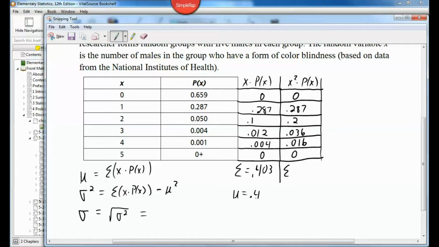Alright, to find the variance, you have to find the sum of x squared times p of x, and then subtract the mean squared. Alright, so add these numbers together here. Let me do that real quick.